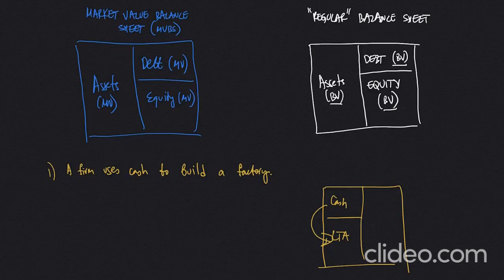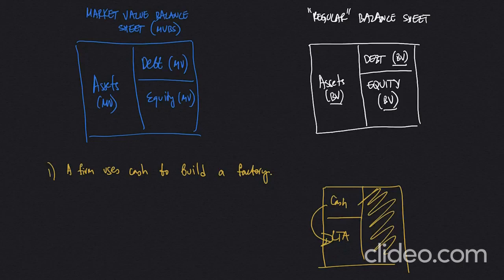In this case, it's a factory. So it just turns one part of its assets into another one, and therefore this transaction has no impact on the right-hand side of this balance sheet. In other words, neither the book value of debt nor the book value of equity is affected as a result of this transaction.